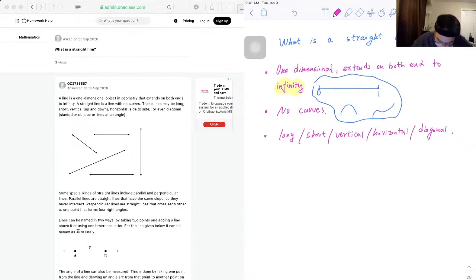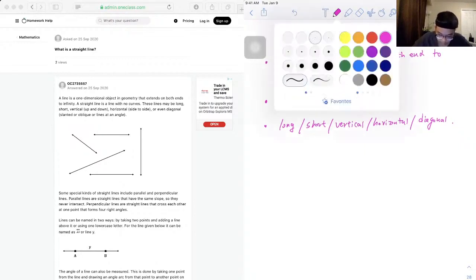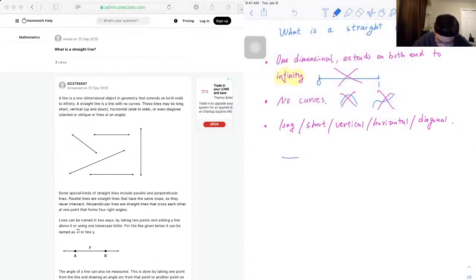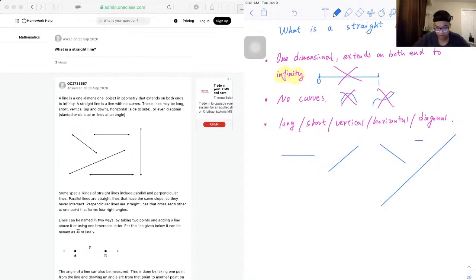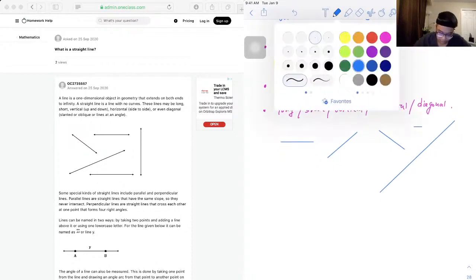Those are not straight lines. And something like this could be super long, and it could be like this, extremely short. So those are straight lines.